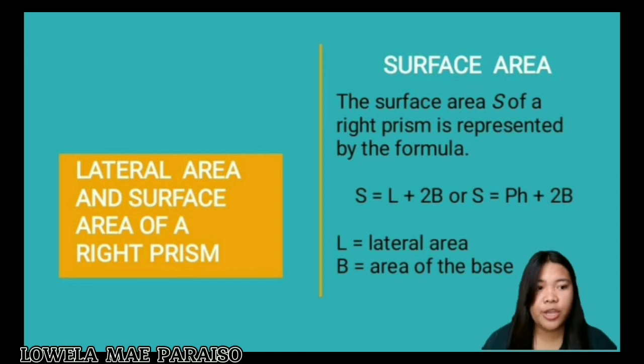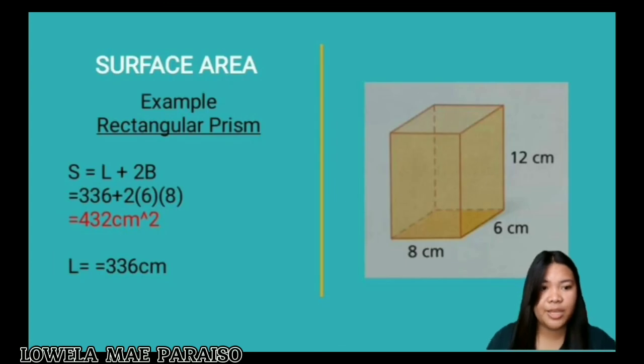Surface area. The surface area S of a right prism is represented by the formula S is equal to L plus 2B, or S is equal to PH plus 2B, where L is lateral area and B is area of the base. Surface area example, rectangular prism.